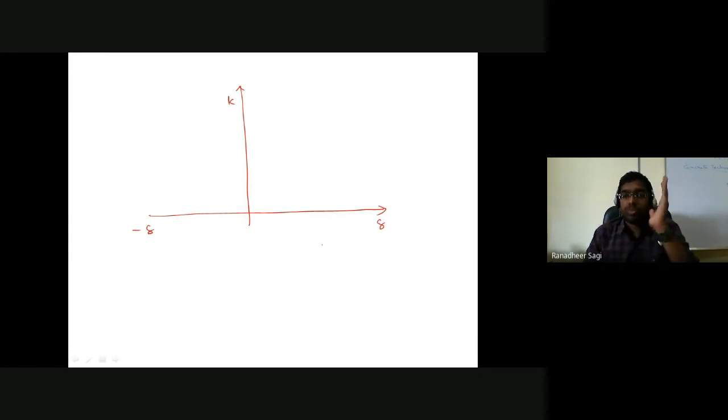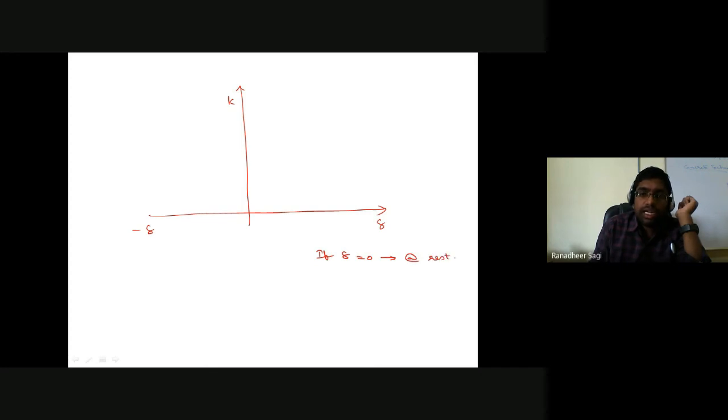Now, when there is no displacement, if delta is equal to 0, what is it indicating? It is indicating the at rest condition. If delta is equal to 0, how do we calculate the coefficient of earth pressure? We write it as K0, which is given as 1 minus sine phi dash. So if you know the phi value of that particular soil, then I can calculate the K0 value for delta equal to 0. Let's say the K0 value I am getting is something like this.